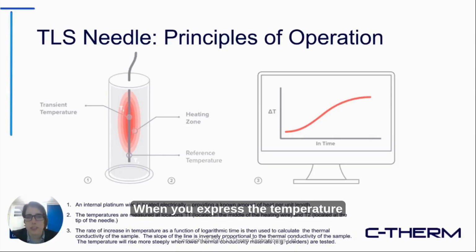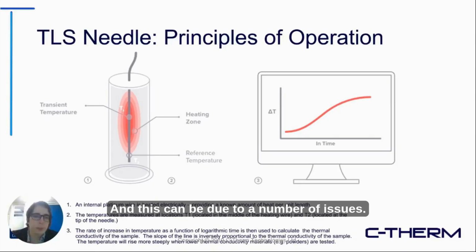When you express the temperature change as a function of the natural logarithm of time, you'll see a region which is non-linear at the beginning, and that's basically allowing the power flow out of the line source heater to stabilize, and the contact resistance effects to stabilize. Then you'll get to a linear section, and this is the section that you actually analyze.